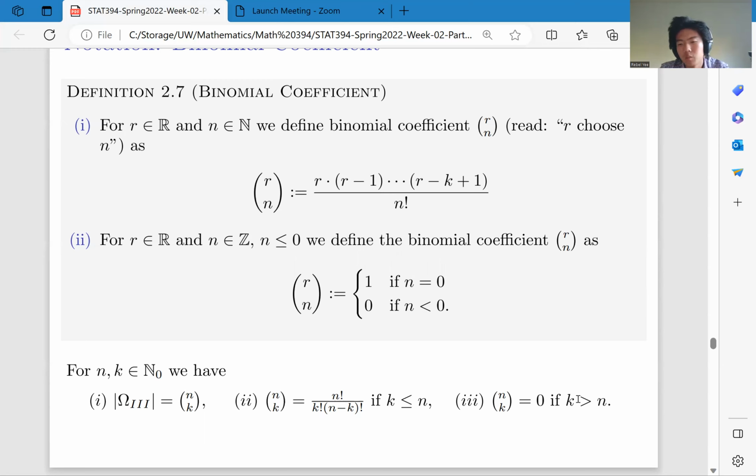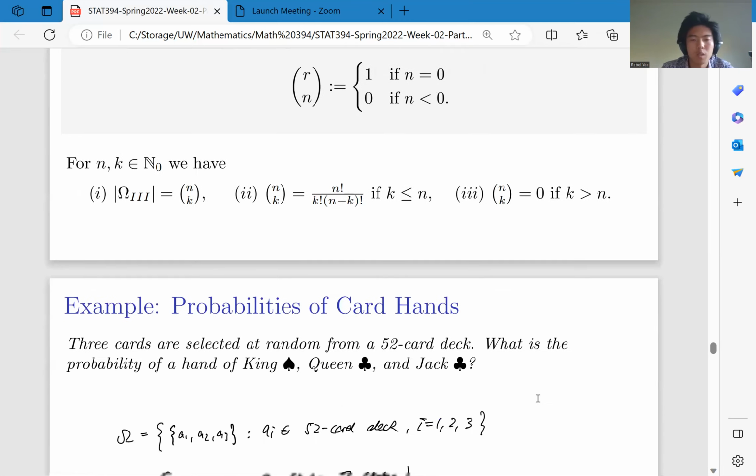I would say there's a bracket there. And if K is greater than N, for example, if we choose 5 objects from 3 objects, it's not really possible. So we also define this as 0, which is the impossible case.